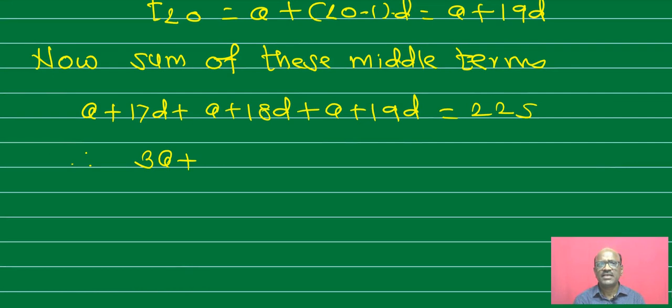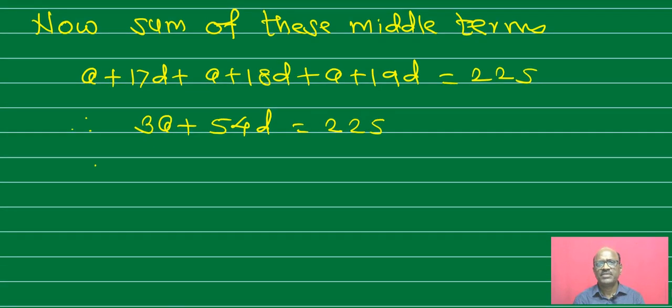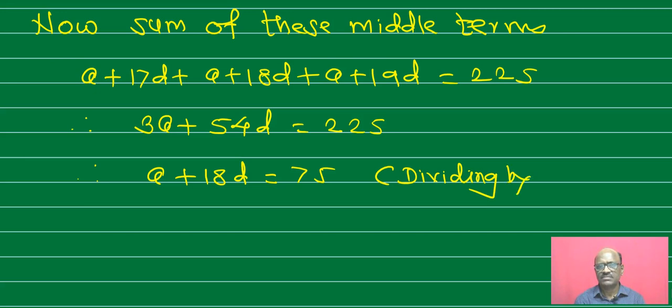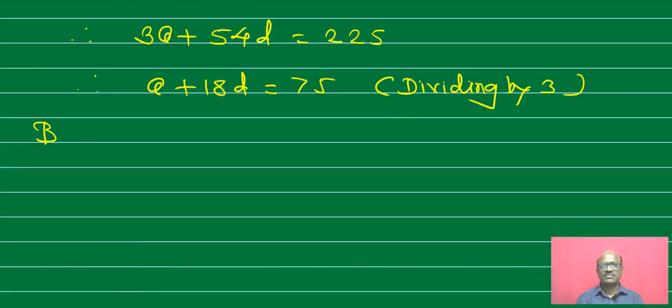That is 3a plus 54d is equal to 225. If we divide on both sides by 3, then we get a plus 18d is equal to 75. This is the first expression.